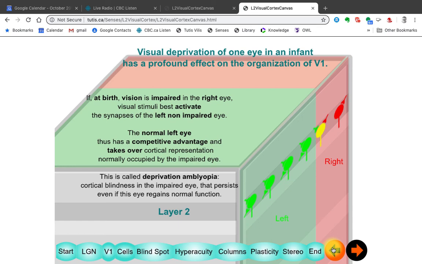And if, in this case, one eye has an advantage, it'll take over that cortex depending on what its advantage is. If it's got a big advantage, then that eye will lose its connections to the cortex.